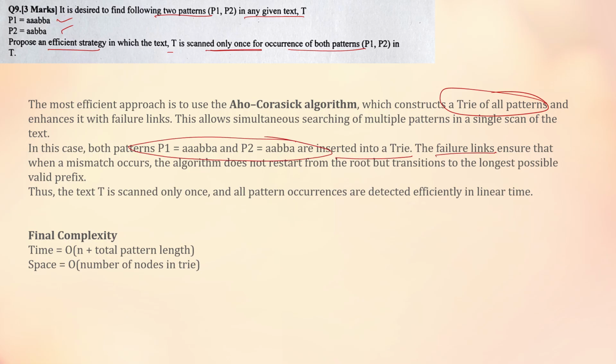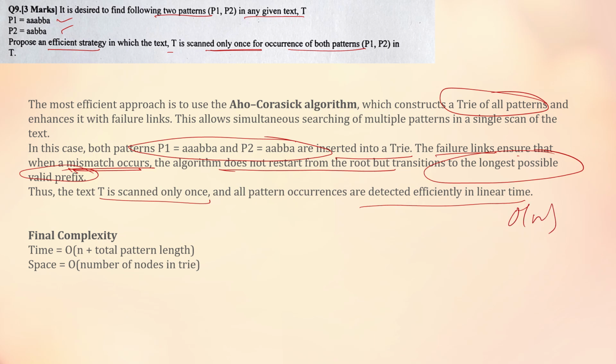The failure links ensure that when a mismatch occurs, the algorithm does not restart from the root, but transitions to the longest possible valid prefix. It is scanned once and detected efficiently in linear time: n plus total pattern length, with n the number of nodes in the trie.